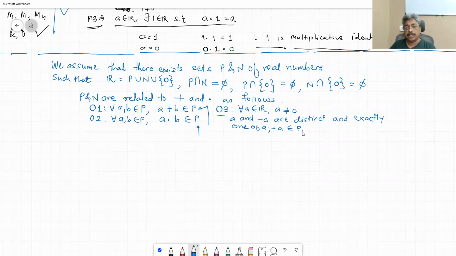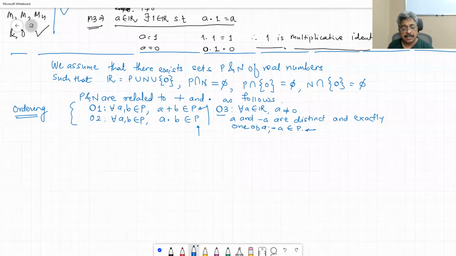P here, and P here. Eventually it becomes the set of positive real numbers, but at the moment we are considering it as P only. These are ordering properties. Therefore O1, O2, O3 are ordering properties. They will provide us some order.